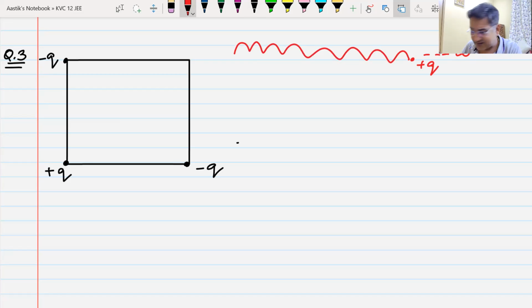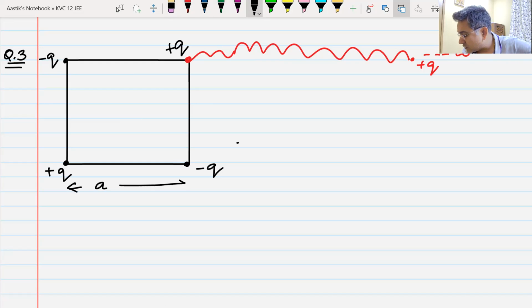It can come in any path, I'm just making it theoretical. So it has come and it has been placed here. Let me now make it black. Now this charge was at infinity and it has been brought and placed here. The side length is A, remember that.